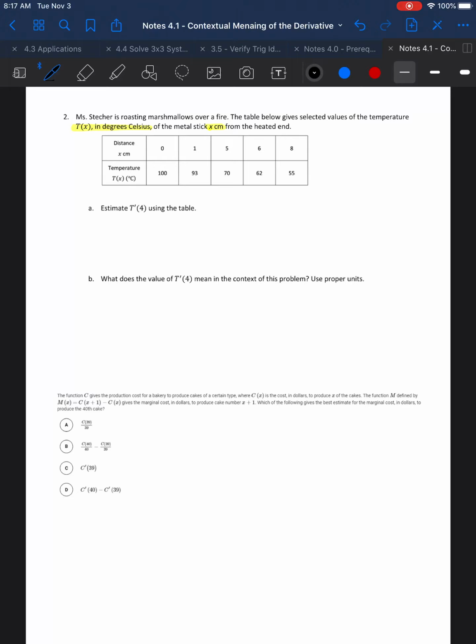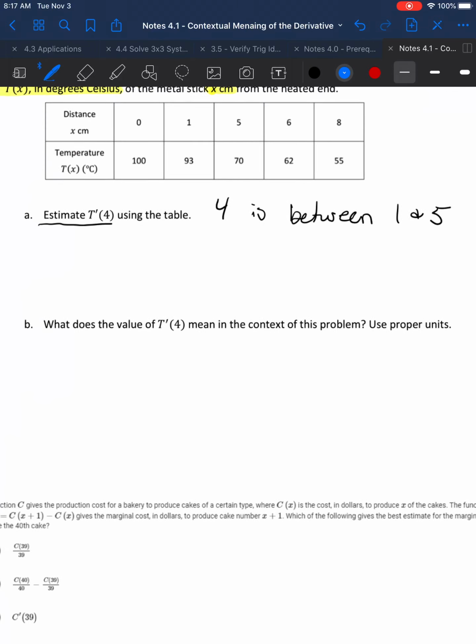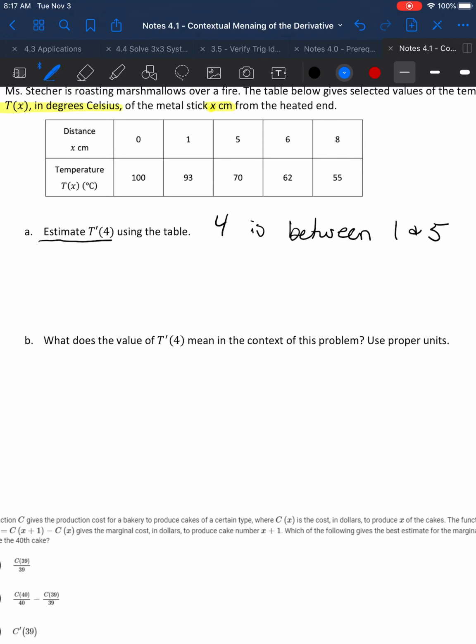Well, here's what you got to ask yourself. 4, where is that in respect to our table? 4 is between 1 and 5, so that's what we're going to use to estimate T prime of 4. Know that this is an estimate and it's not going to be exact, especially because 4 is not exactly in the middle of 1 and 5.